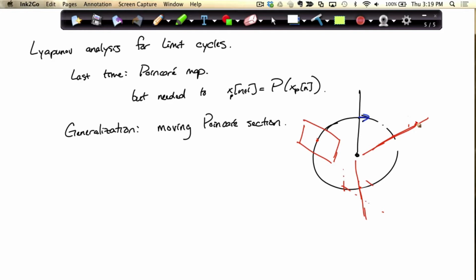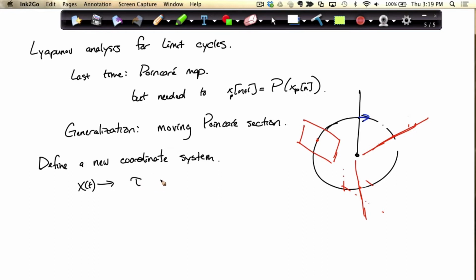Okay? So the way we're going to do that is we're going to define these moving sections, and really we're going to define a new coordinate system. My original coordinate system being x as a function of time, I'm going to map that into two variables now.